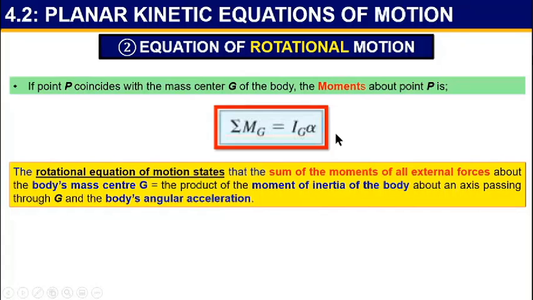The rotational equation of motion states that the sum of the moments of all external forces about the body's mass center G is equal to the product of the moment of inertia of the body about an axis passing through G and the body's angular acceleration. This yellow box explains this equation.